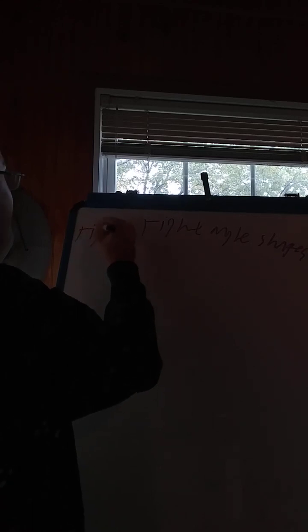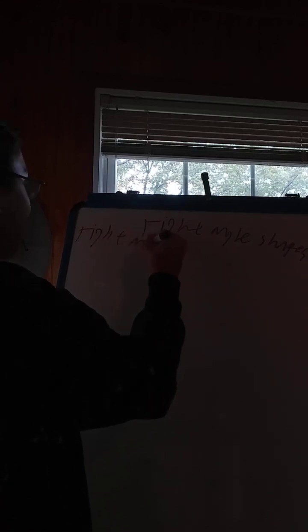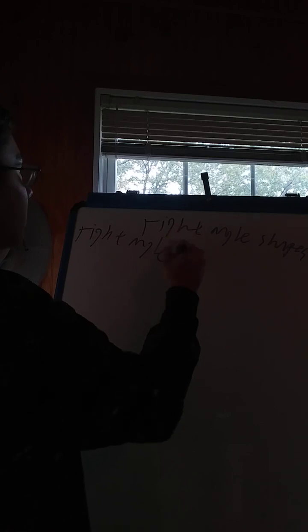Obviously, shapes are squares, 4 sides, triangles, 3 sides. I'll just write down right angle here. And how many degrees is a right angle? 90 degrees.